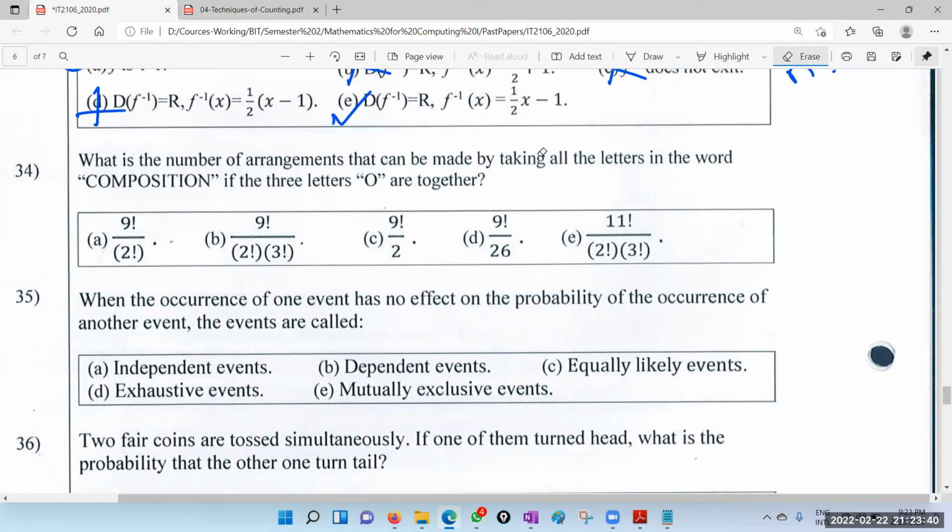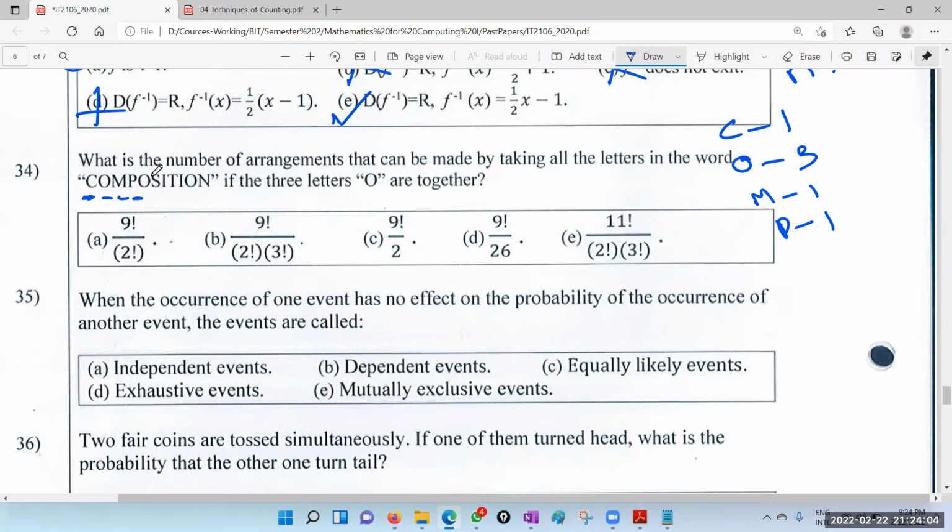Right, all letters must be in the same place. So how many C's are there? Let's write down C. Only one C. How many O's are there? 1, 2, 3. That is a special case. How many M's are there? 1. P, only 1.